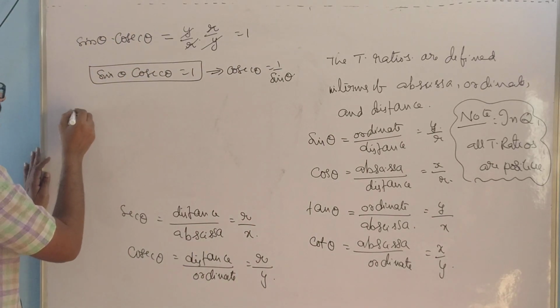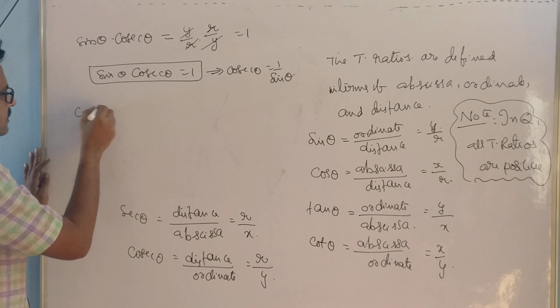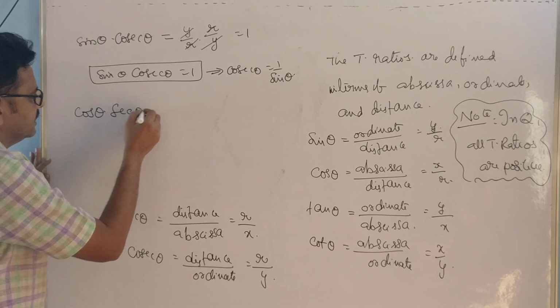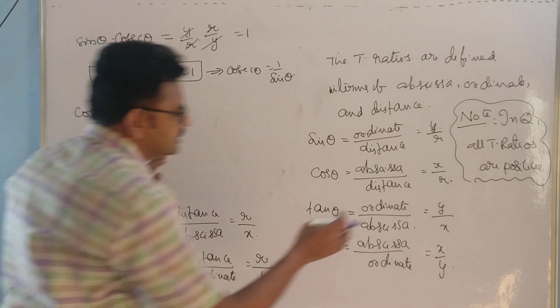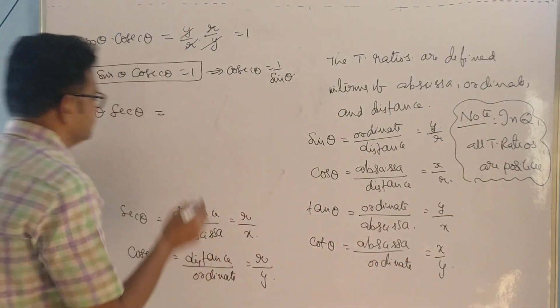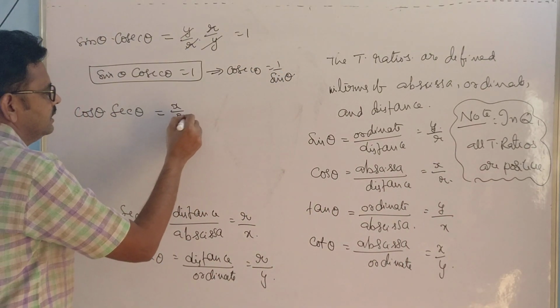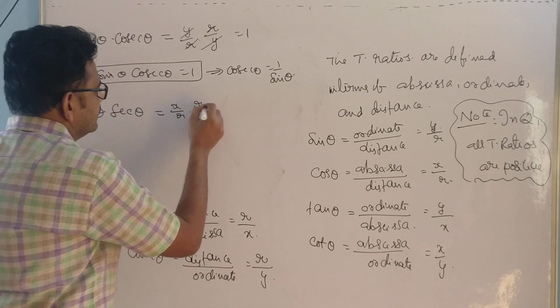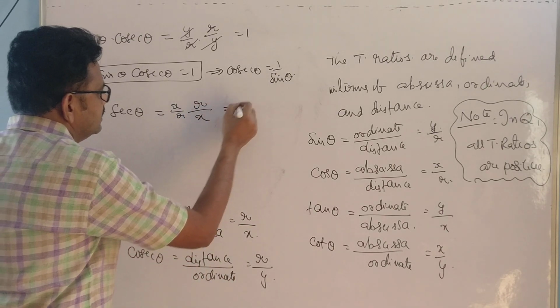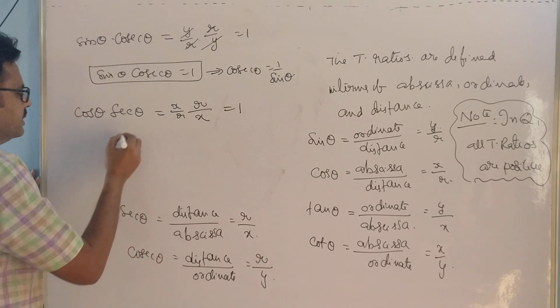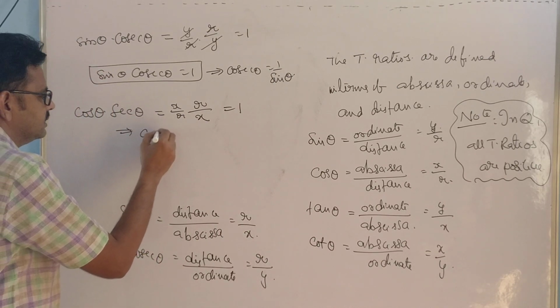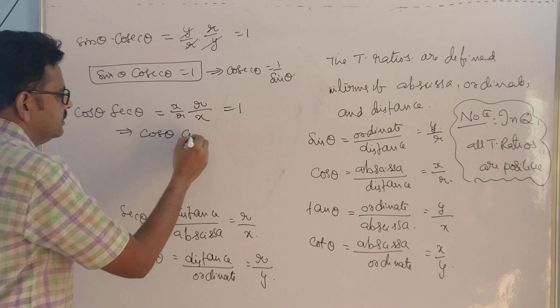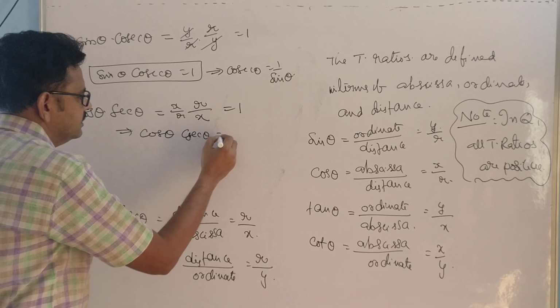And next, cos theta into secant theta: cos theta is x by r, into secant theta, r by x. Again these cancel, that equals 1. So cos theta into secant theta is equal to 1.